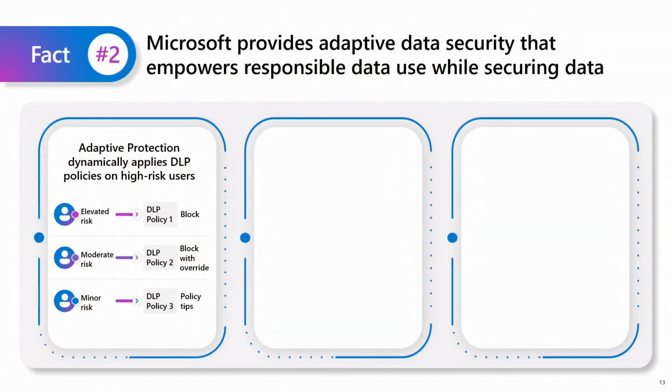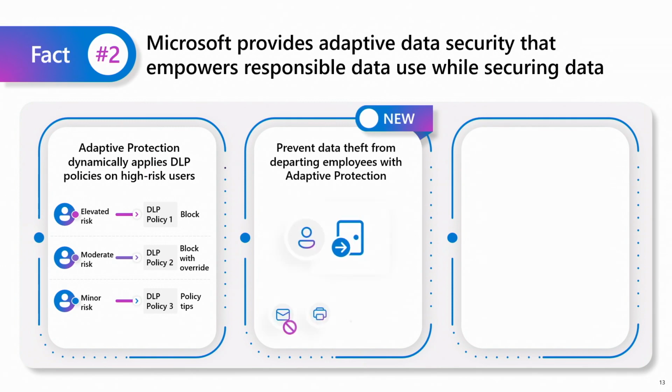So super powerful. To just recap here, we talk about adaptive protection. You will be able to assign users different risk levels, and you tailor DLP controls accordingly. And now you will be able to add departing employees as a condition to define your risk level.